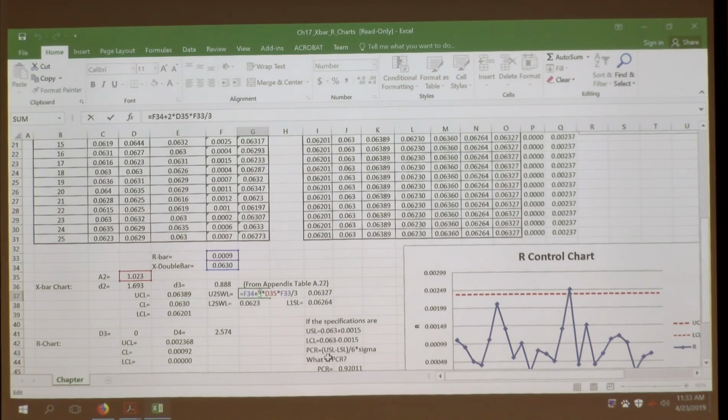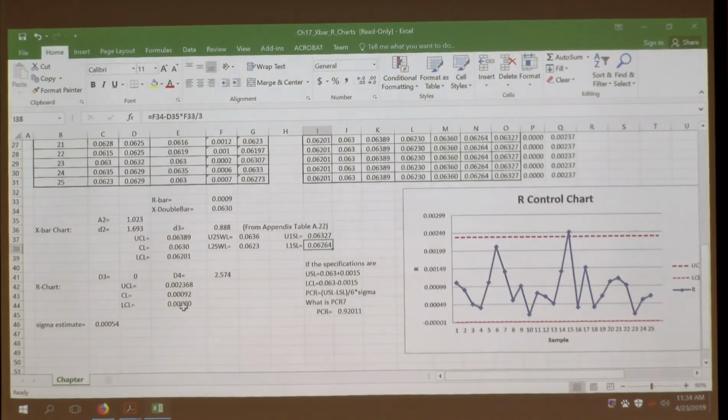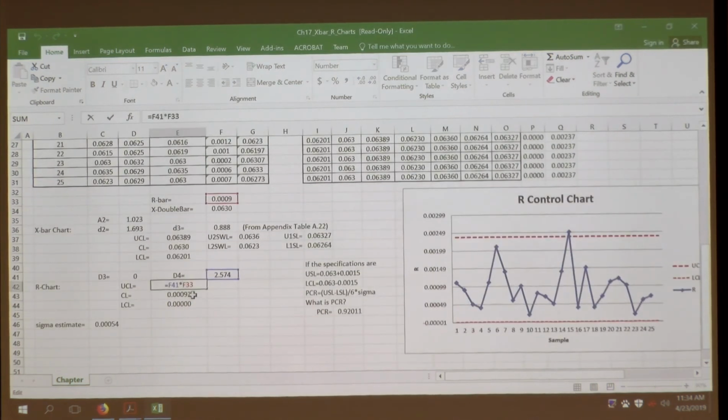If you want 2 standard deviation, multiply by 2 over 3, and for 1 standard deviation line, multiply by 1 over 3. The same for the R chart: the upper control limit is R bar times D4, the lower control limit is D3 times R bar, and the center line is R bar.